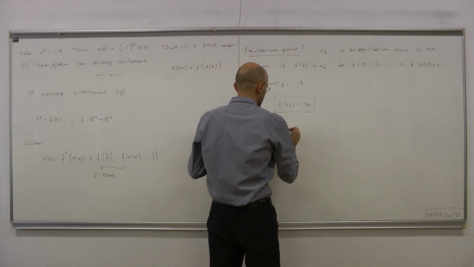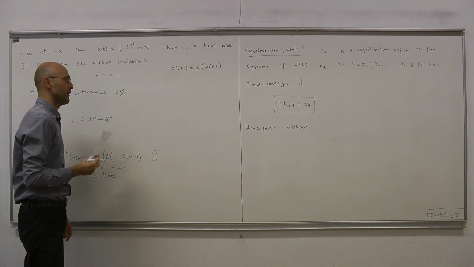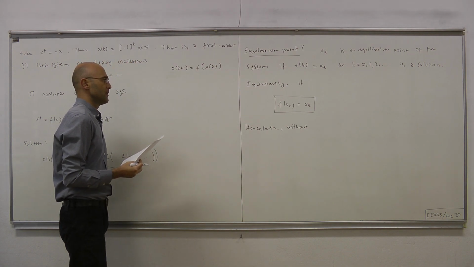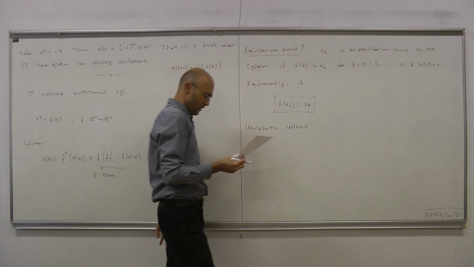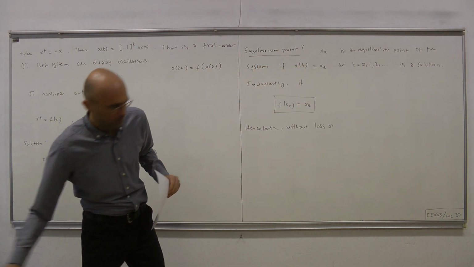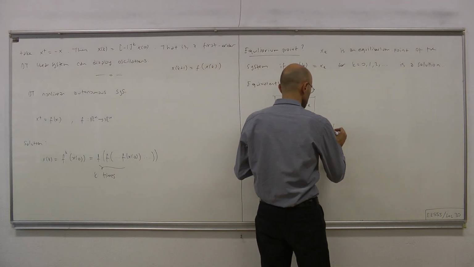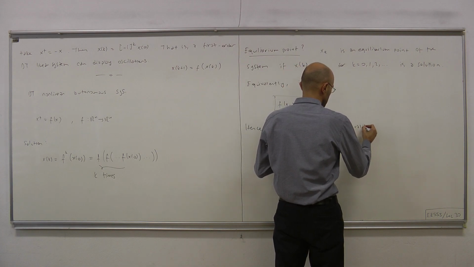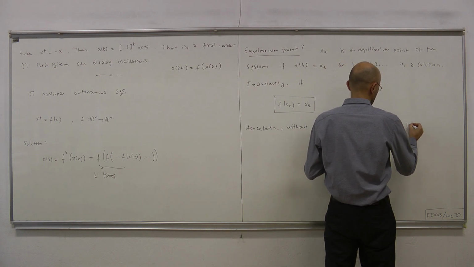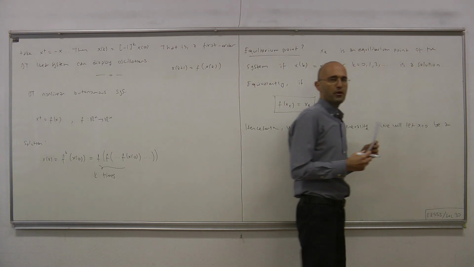So henceforth, as we did with the continuous time case, without loss of generality, we will suppose that the equilibrium point of f is at the origin. Okay. Without loss of generality, we will let x equals 0 be an equilibrium point of the system.